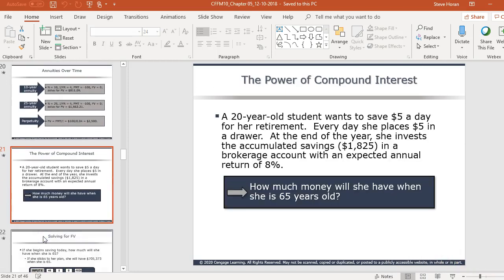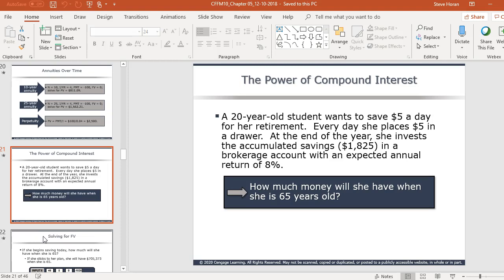Okay, so next then is the power of compound interest. I really like this one because it shows you the power of savings and the importance of savings. It says here a 20-year-old student wants to save $5 a day for her retirement. Every day she places $5 in a drawer. At the end of the year, she invests all that money.